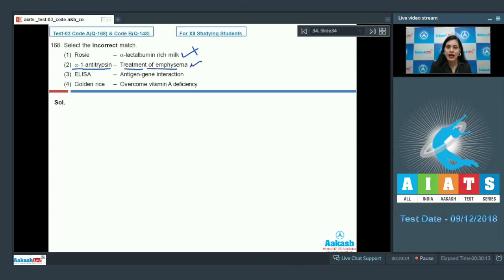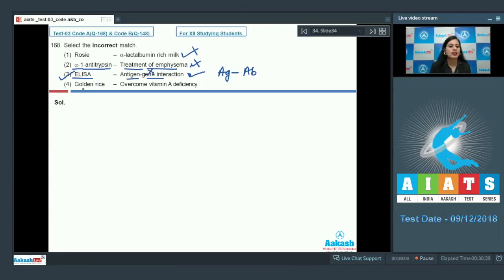So this is a correct match, so it cannot be the correct answer to our question. The next option given is ELISA, and the match given is antigen gene interaction, and as it's an incorrect match, this is the correct answer to our question, because ELISA is a technique which is based on the principle of antigen to antibody interaction rather than gene interaction.